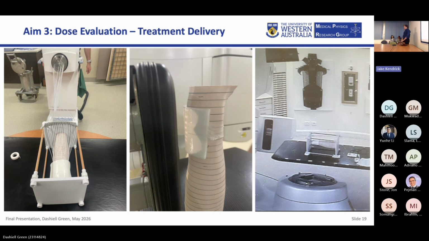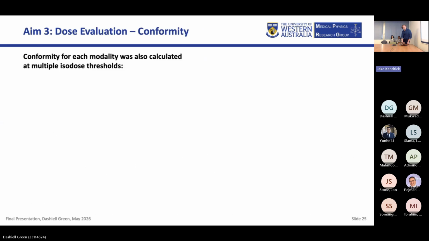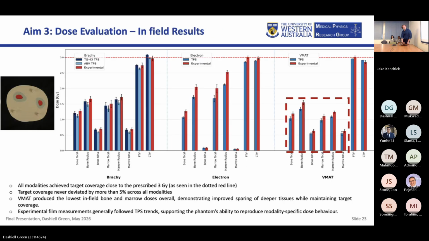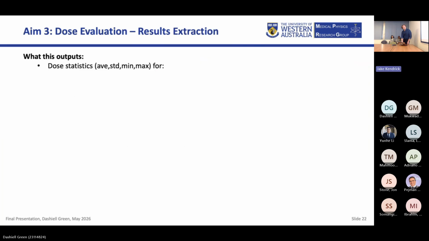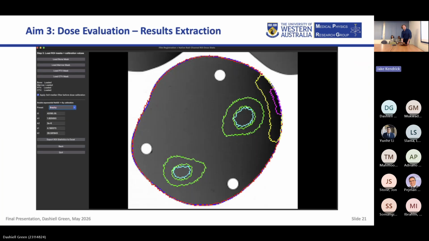And I think it was slide 20 or so, go back one. This one? Yeah, that one. So are we overlaying the film results directly on top of that image, or is that doing the film analysis in there as well? That's doing the film analysis in there.